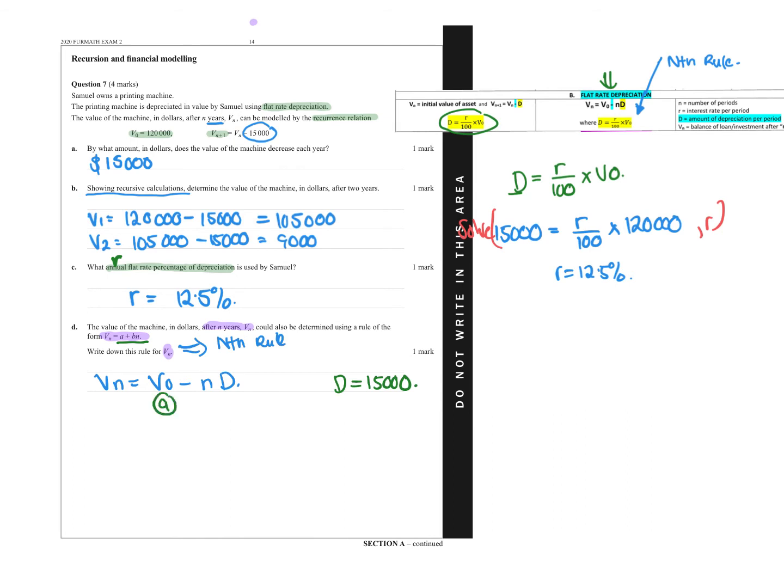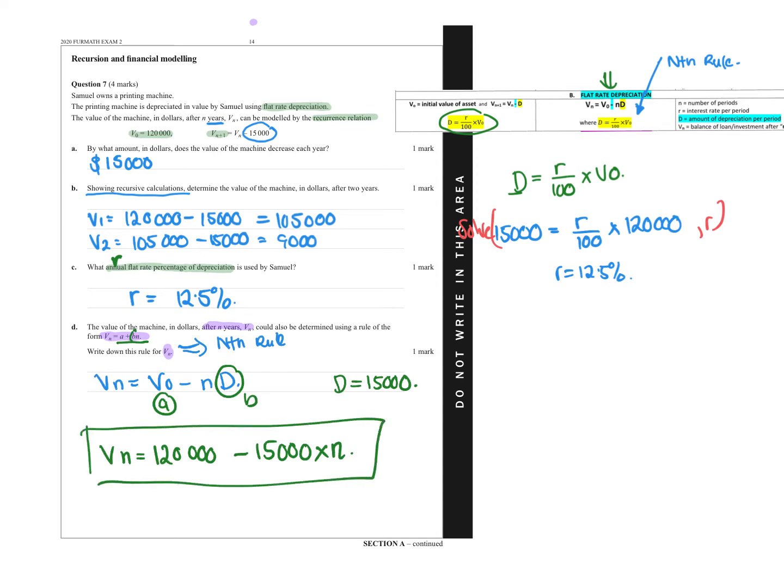This A is our V0, and that B value is the D. Okay, so if I write the formula out the way they want it, Vn equals A, the initial V0, minus, and because it says plus B, but that's okay, we're going to say it's minus B, because that's what B equals, minus 15,000 times n. Okay, so there we go, we've created the nth rule.